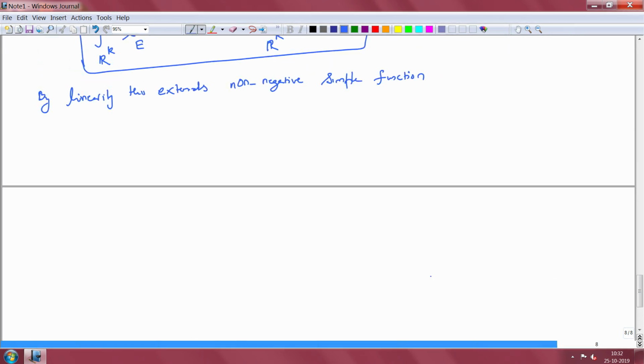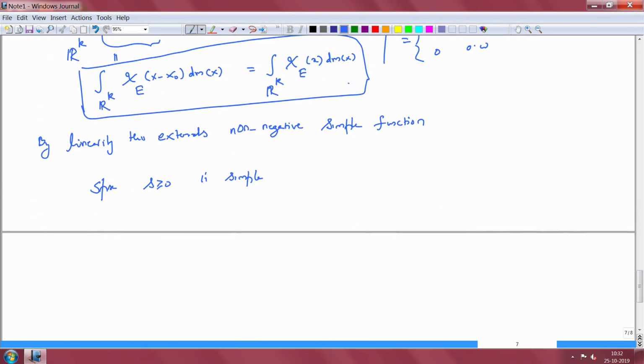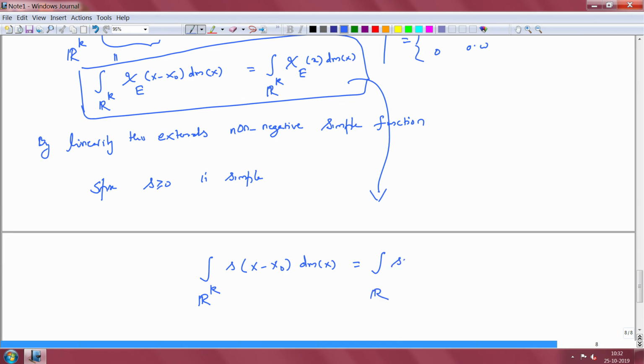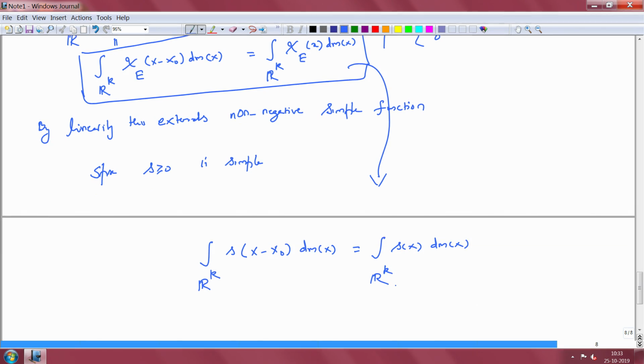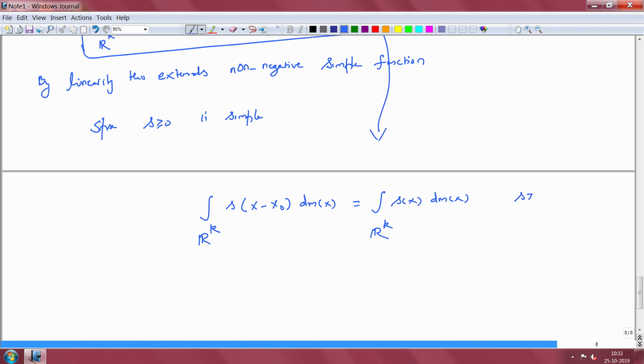Suppose s is a simple function. Then we get the integral over R k of s of x minus x naught dm x equal to the integral over R k of s of x dm x. I am putting the x to indicate that the integration is with respect to x. Now this is true for every positive simple function.